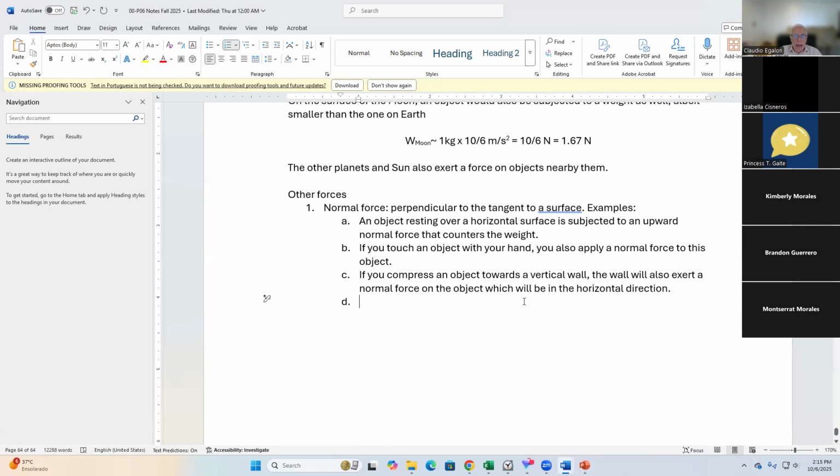An object sitting at the bottom of a circular depression will be subjected to an upward normal force from the depression.